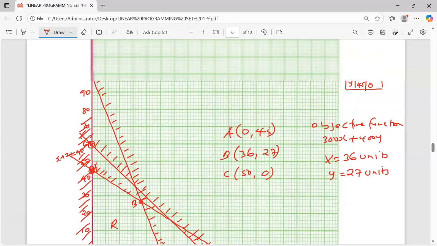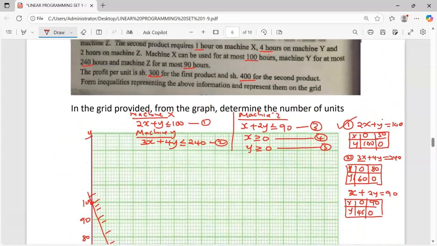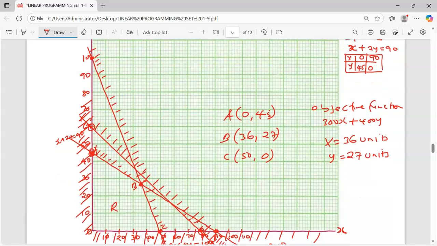And if you need to calculate the maximum profit that we are going to get from here, the maximum value will be obtained by simply taking the objective function, which is 300, you multiply by the number of units produced, which is 36, plus 400, you multiply by the number of units produced, and this one is going to give us a total of 21,600, and that becomes the solution to this question.